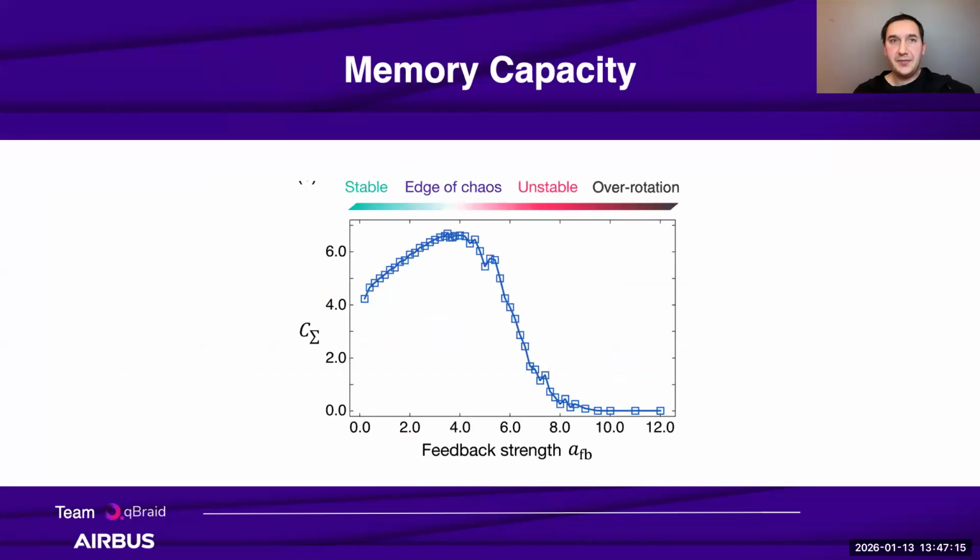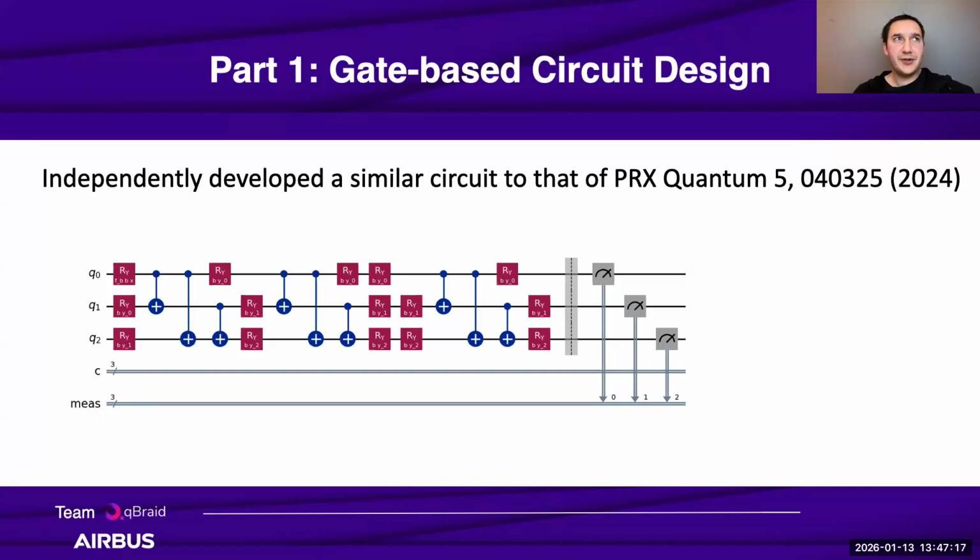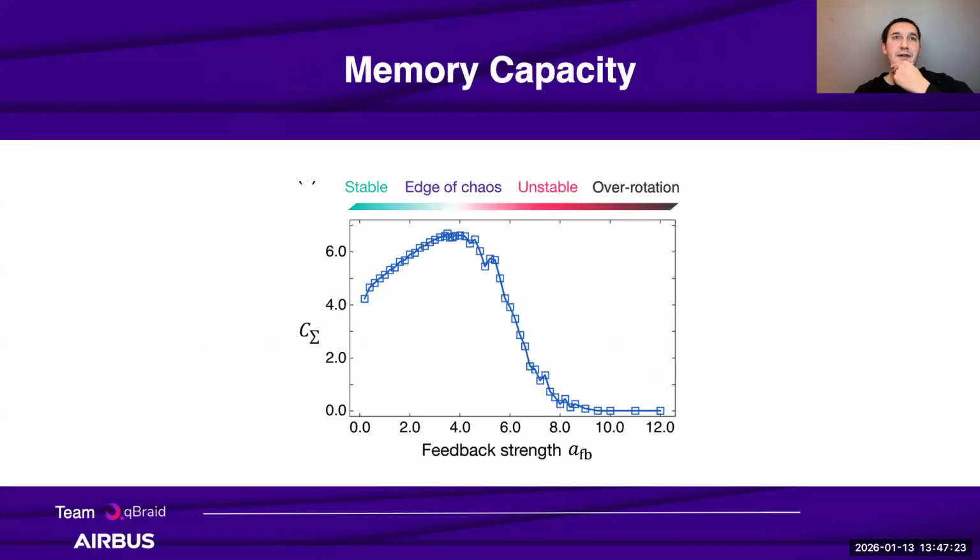If you look at this feedback parameter, that's the coefficient in front of the input signal at the top left. There's a region where this is good. Stable is not quite right. What you want is the edge of chaos so that it has the most expressiveness for the circuit, and should be able to predict a wide variety of systems.